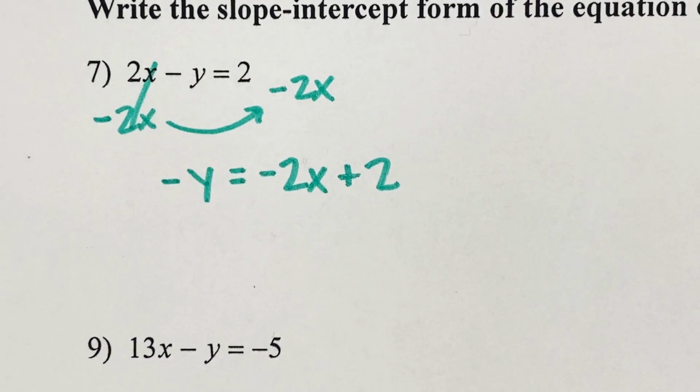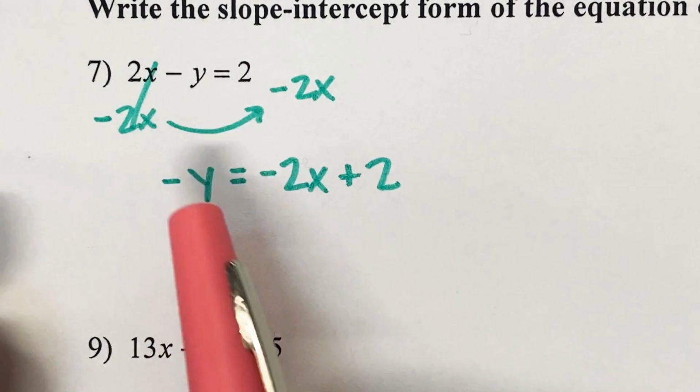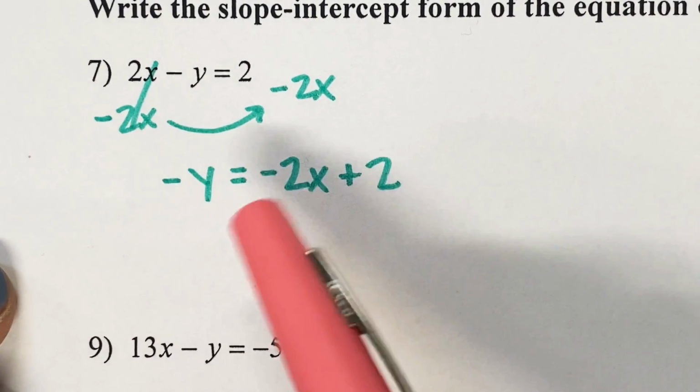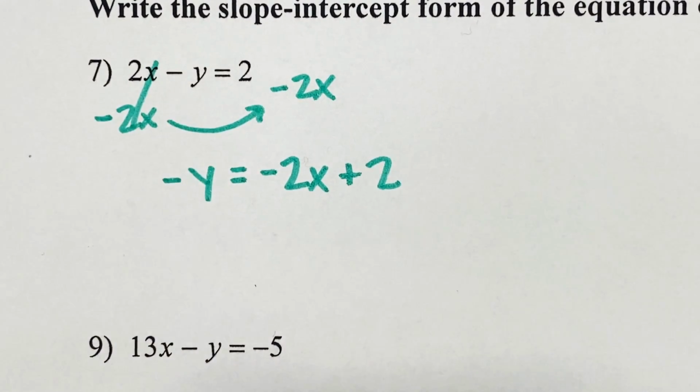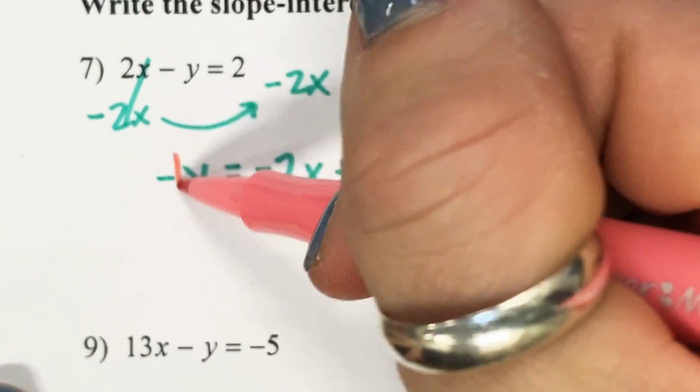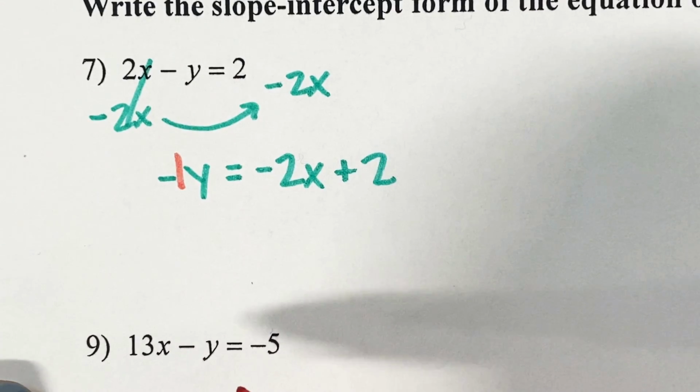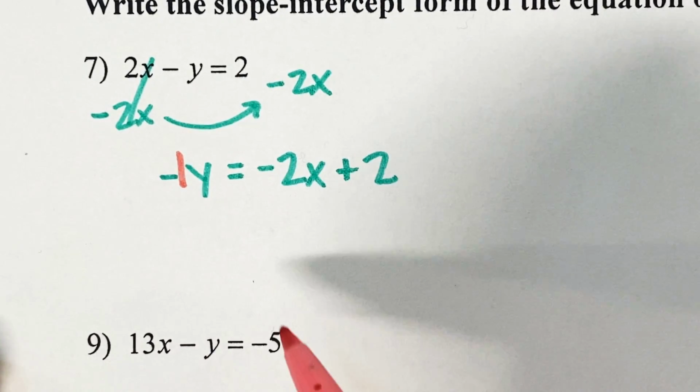Look at my y. Is my y all by itself? No, I still have this negative sign, which technically means negative 1 times y. How do I get rid of times negative 1?